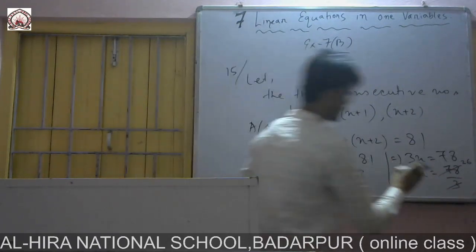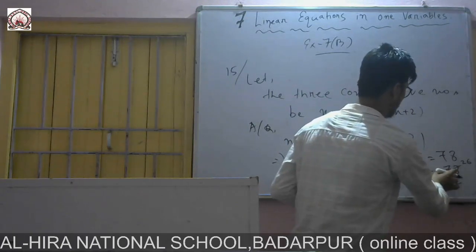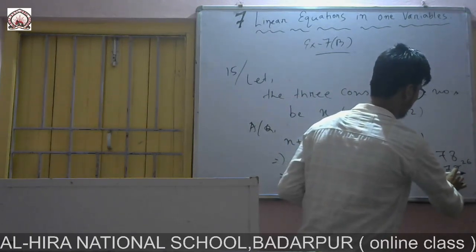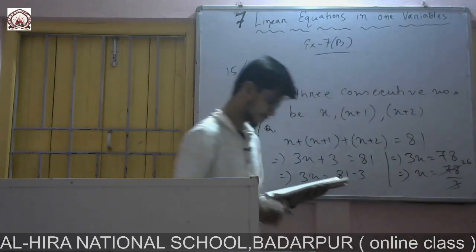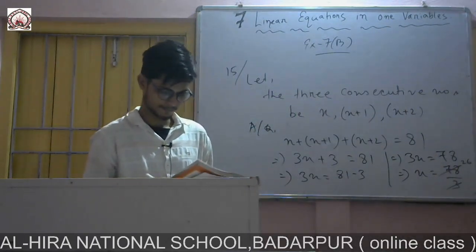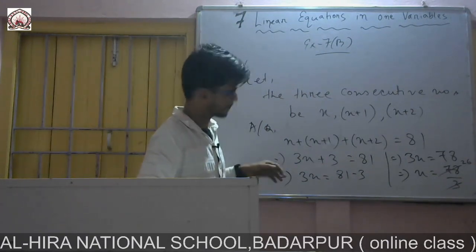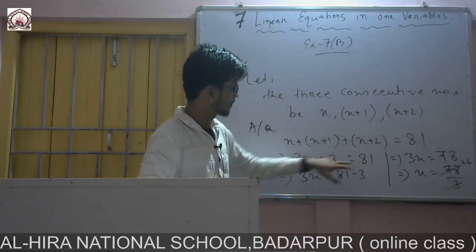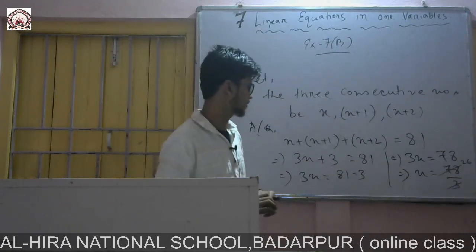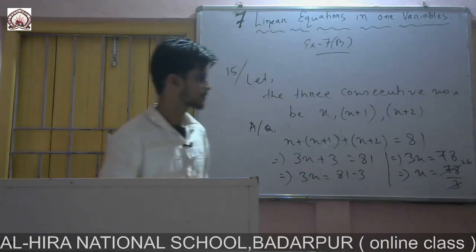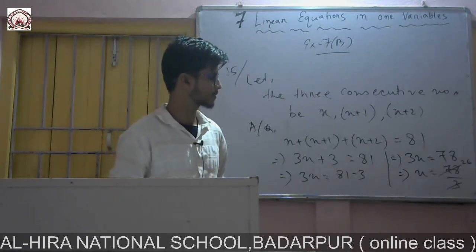No, sorry. 3 2s are 6 and there is left 18, 6 3s are 18. Yes, it is correct, 26. 81 minus 3 is 78.